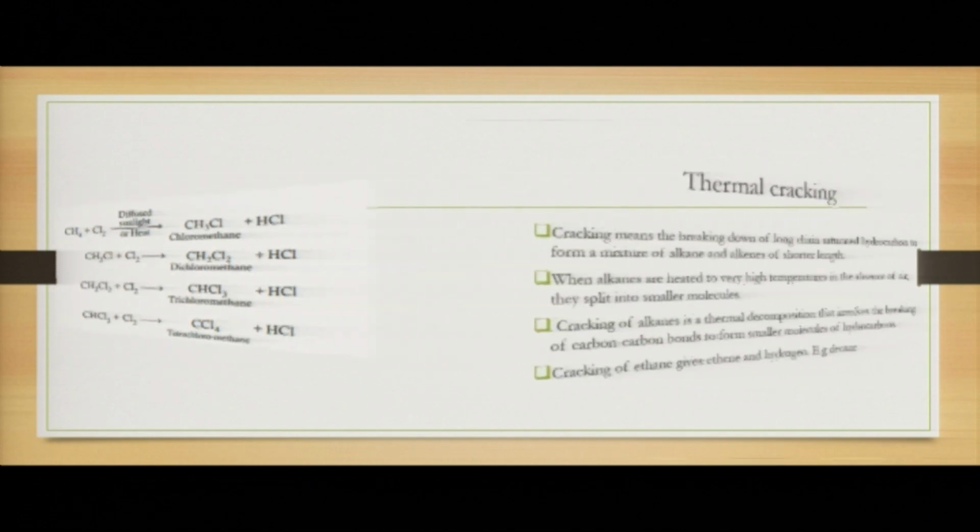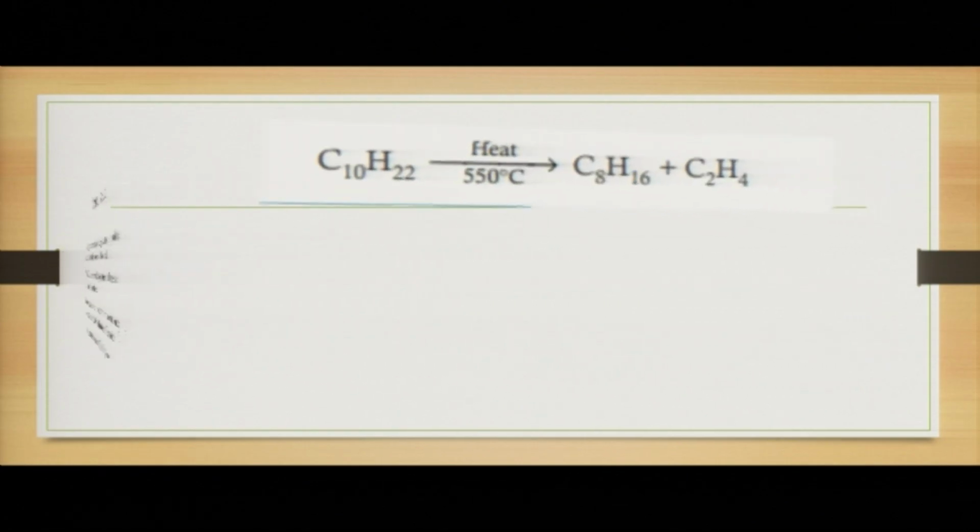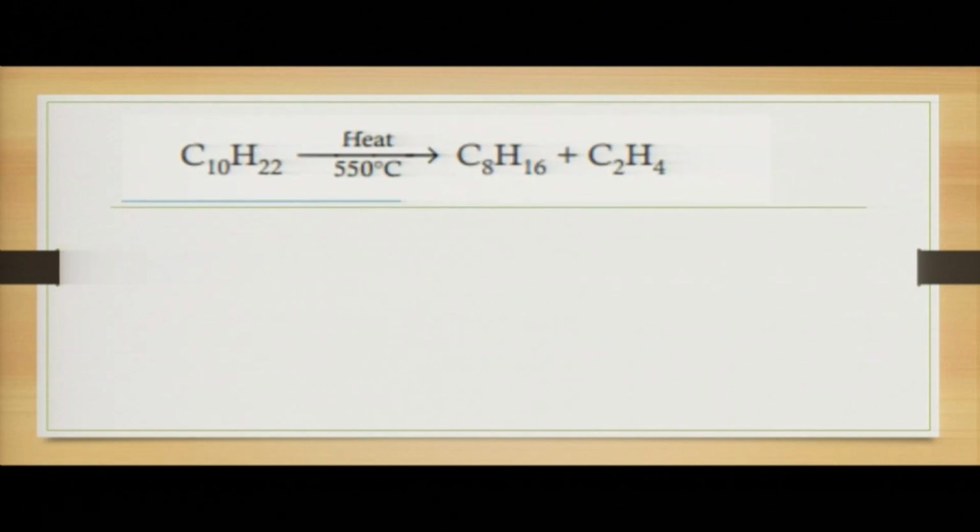So another example of the reactions that we need to look at is thermocracking. Cracking is the breaking down of a bigger alkane into smaller molecules. One of the molecules can be an alkene, and this is an alkane.